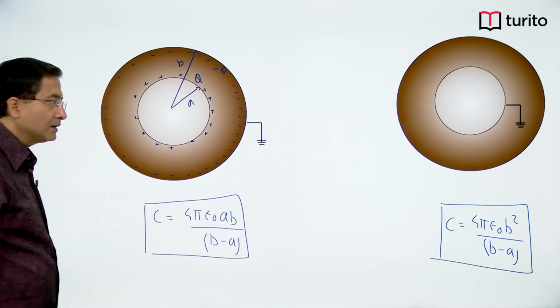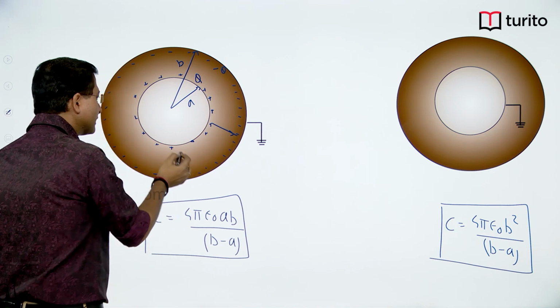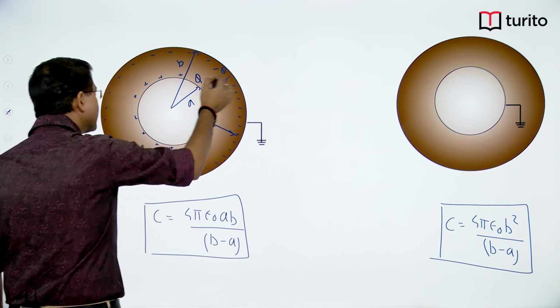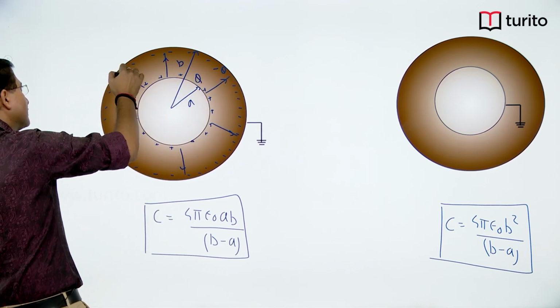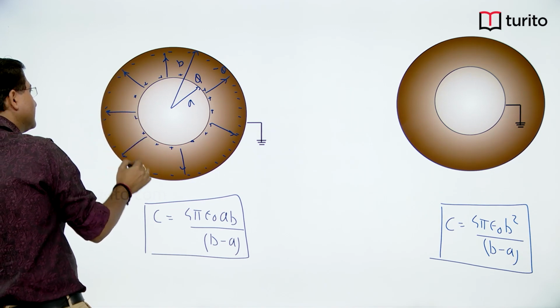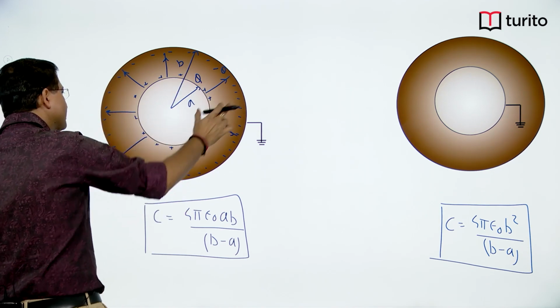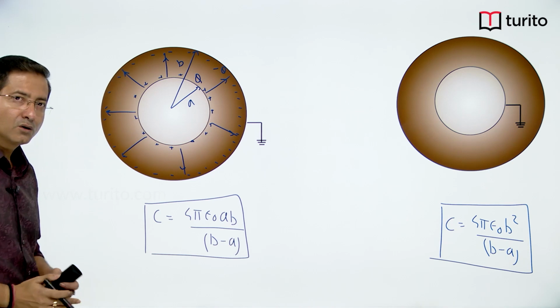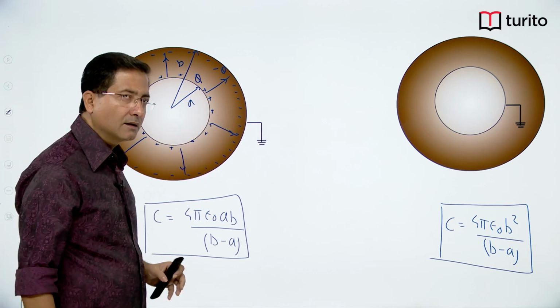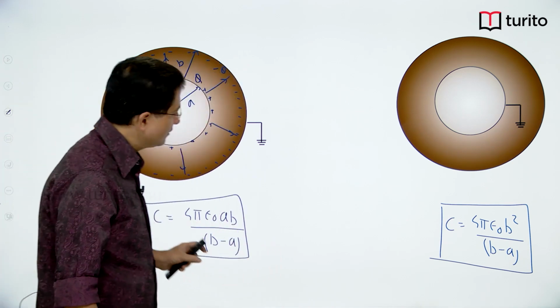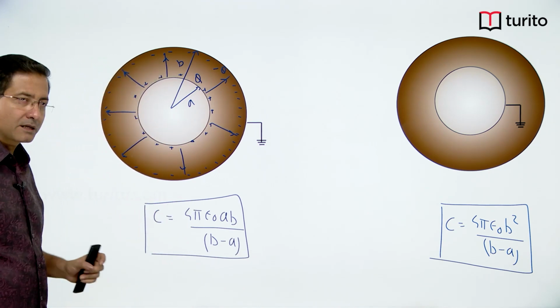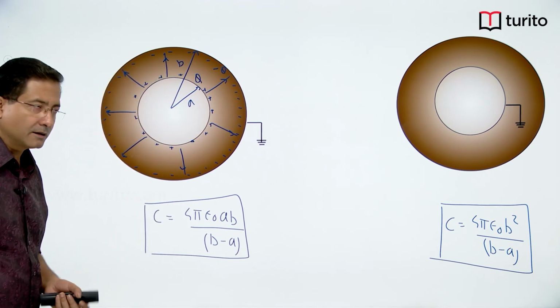The direction of field in this situation will be from positive to negative like this, right. As you can see in this situation, the space between two spheres behaves as a capacitor, and we are getting this formula 4 pi epsilon naught AB divided by B minus A.